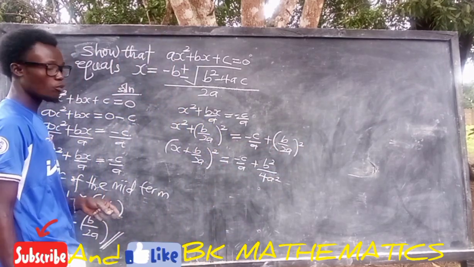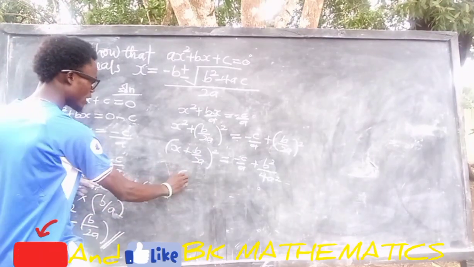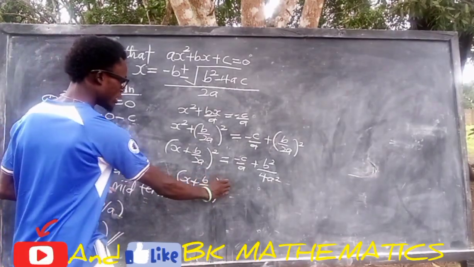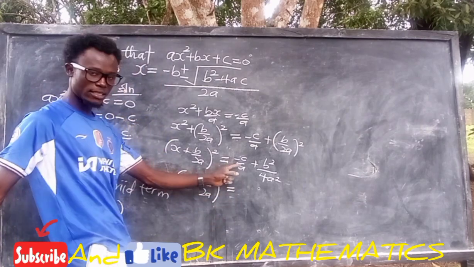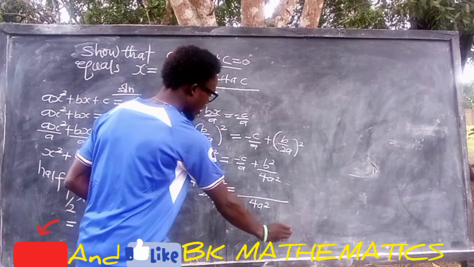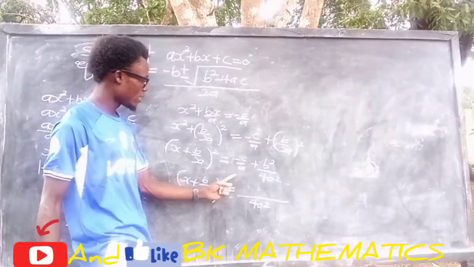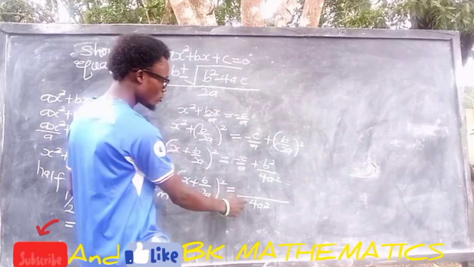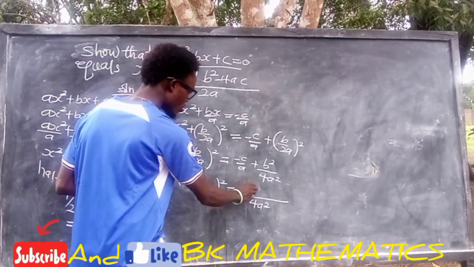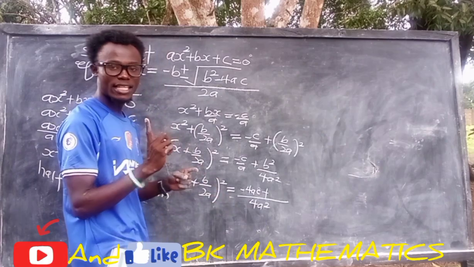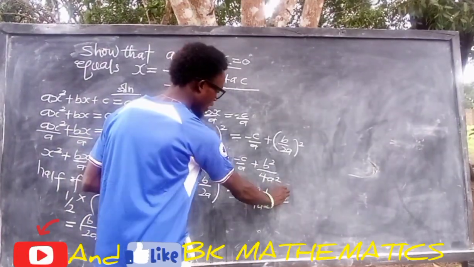Okay, we are moving. Then we say x plus b upon 2a raised to the power 2 is equal to. Let's also find the LCM from this point. Our LCM becomes 4a squared. In this 4a squared, a cancels the a here, what will remain is 4a. So 4a times minus c giving you minus 4ac, plus 4a squared into 4a squared is 1 time, 1 time b squared giving you b squared.